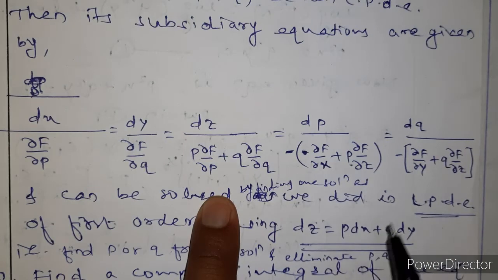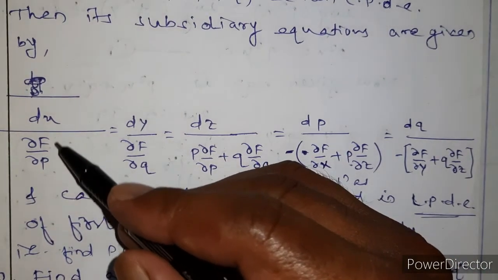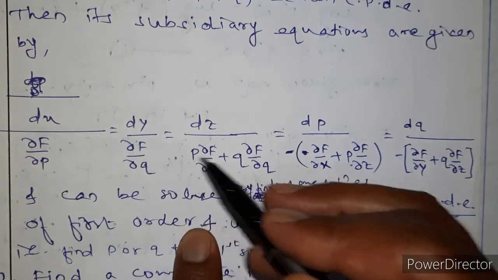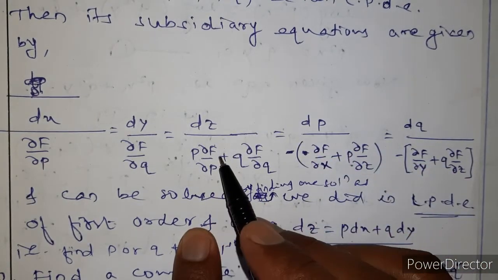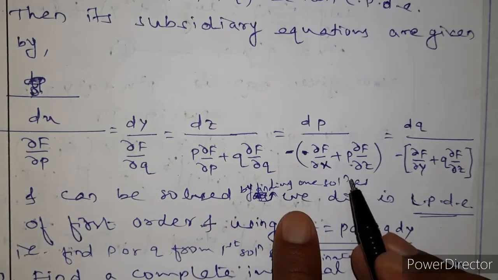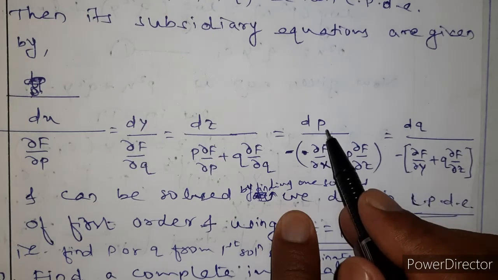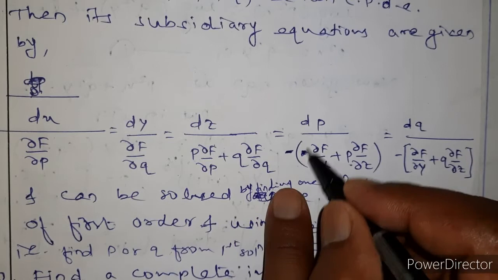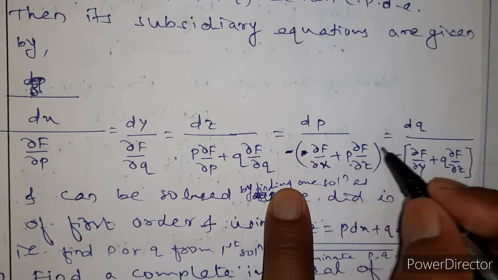Value of dz is p dx plus q dy, means whatever at the denominator of dx and dy, just we multiply p and q and add, we will get dz here. Okay, so what is dz? p ∂f/∂p plus q ∂f/∂q is equal to these two terms extra here, dp upon minus, this minus sign outside, minus in bracket ∂f/∂x plus p ∂f/∂z.